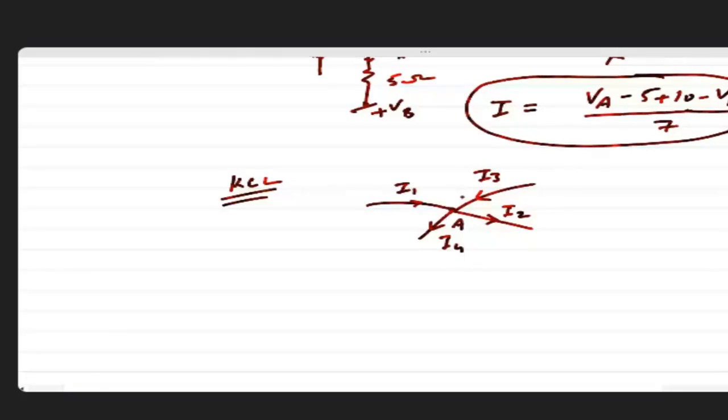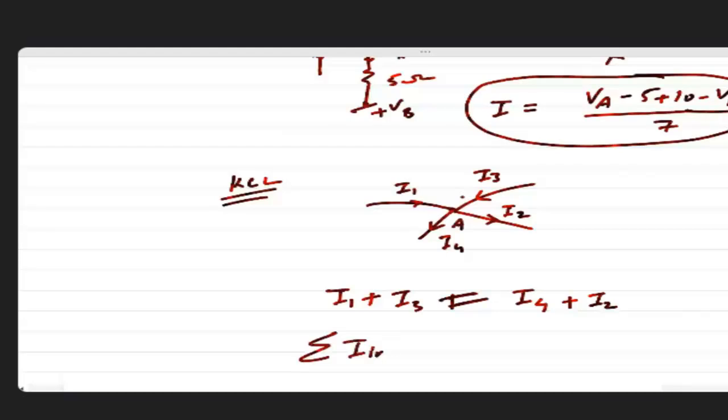What are the incoming currents at node A? I1 plus I3. And the outgoing currents from node A are I4 plus I2. So collectively, the summation of all the incoming currents should be equal to the summation of all the outgoing currents. This is the KCL.